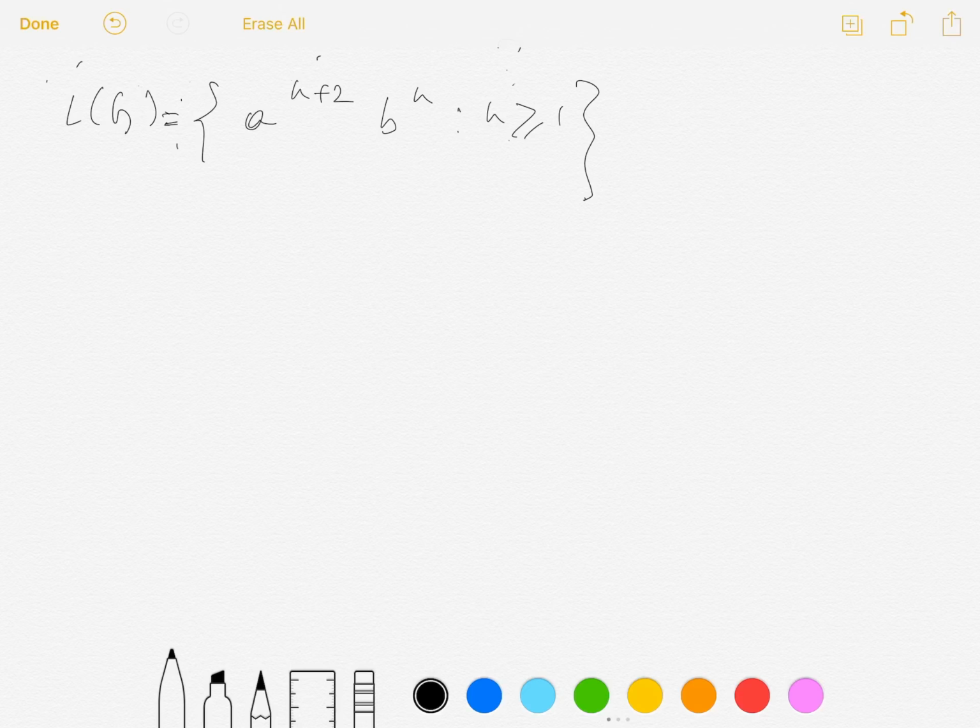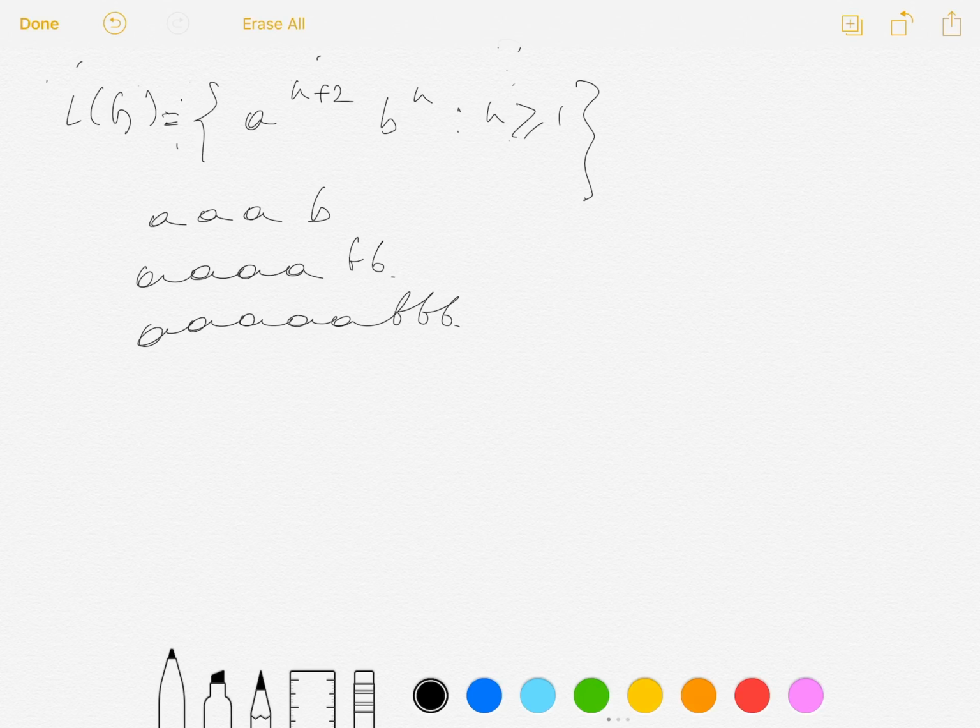So my minimum value of n equal to 1, in that case I must get at least 3a 1b, and after that 4a 2b, or 5a 3b. So let us first make sure that an equal number of a and an equal number of b will be there, and after that, apart from this, 2a must be there.